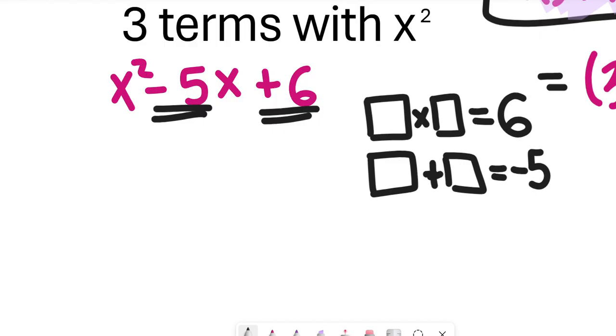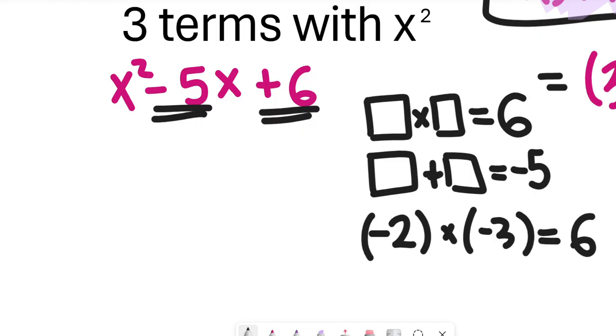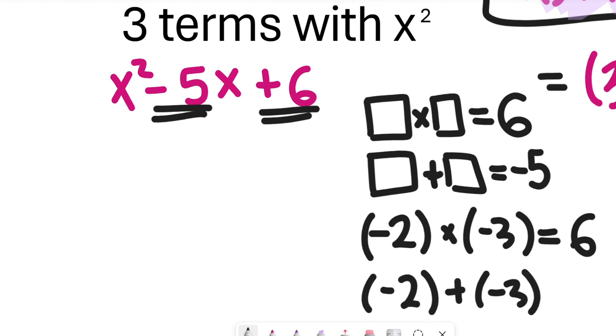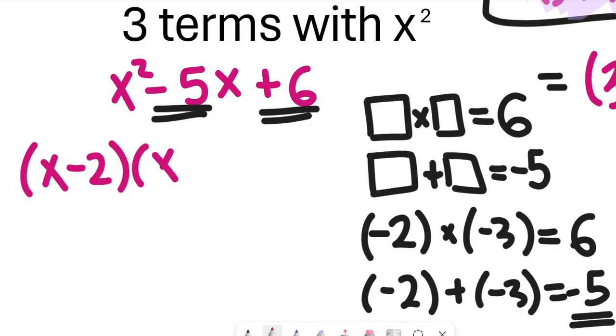We need two negative numbers, so negative 2 multiplied by negative 3 will give us 6, but negative 2 plus negative 3 will give us negative 5. So the final answer is x minus 2 and x minus 3. With that we are done.